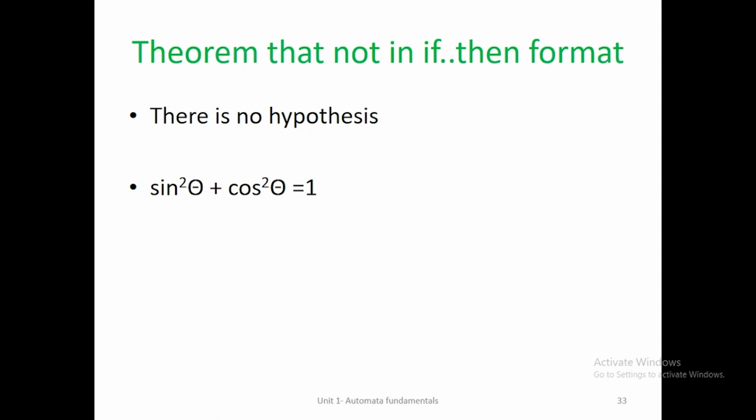This is a hidden hypothesis. For theta value 0, the answer is the same. For theta value 30, the answer is the same. For theta value 45, the answer is the same. Like that, the theta values will be taken as hypotheses. So there is no direct hypothesis given. We assume the hidden hypothesis. So this is a theorem, but it is not in if-then form. We can also prove it.